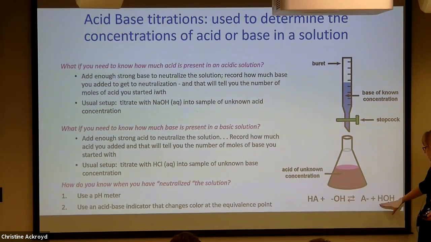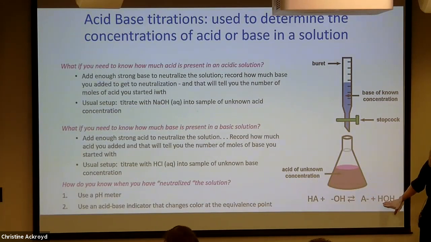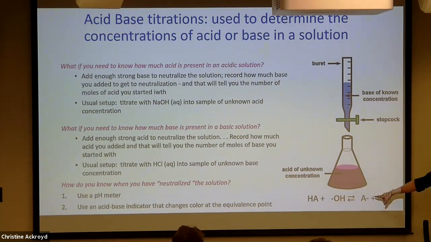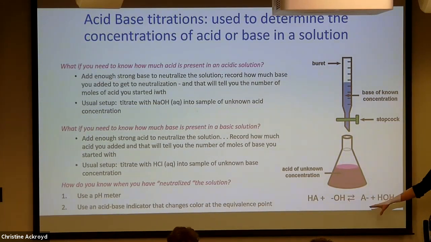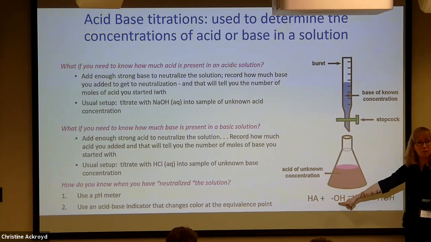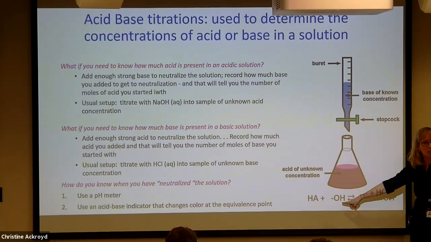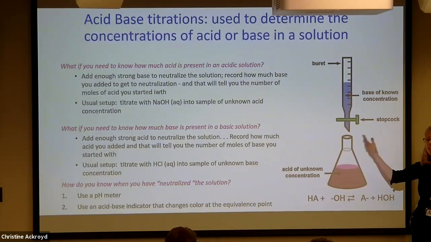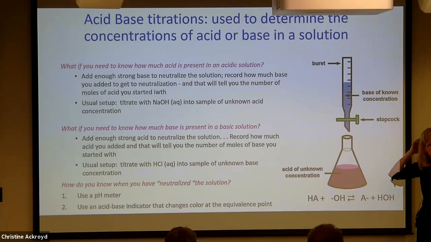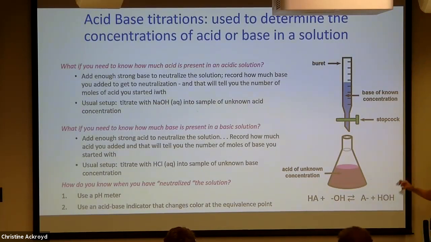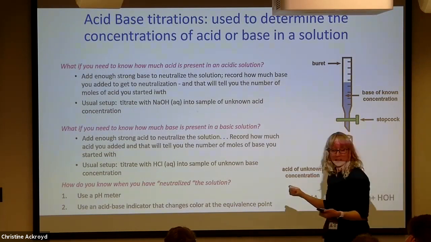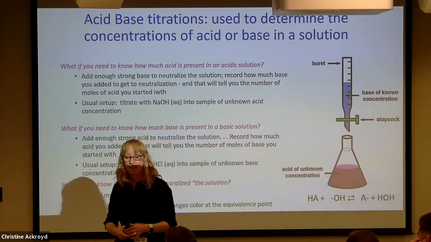And all of the hydroxide has become water, right? So can I tell from the pH whether I'm done or not? If I add too much hydroxide, what's going to happen to the pH? We'll have the pH being affected by added hydroxide, so the pH will go up, right? So if we know what pH we're going to have when we're done reacting all that we started with, we can put a pH meter in it and know when we're done.